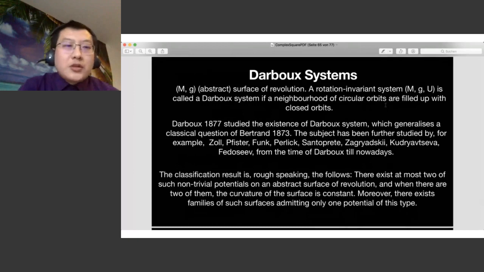So the classification result, we can say just very roughly the following. There can exist at most 2 non-trivial potentials, up to constants, on an abstract surface of revolution, which give rise to such Darboux systems, with some explicitly given conditions.